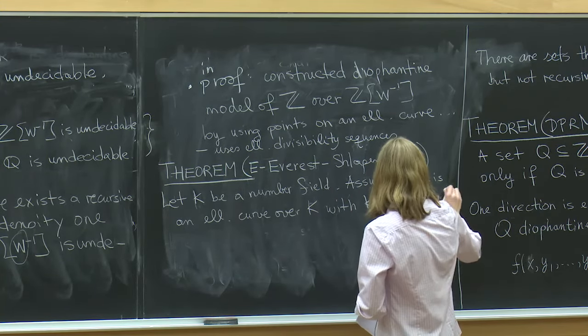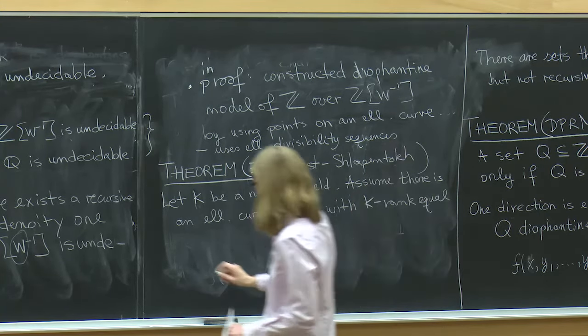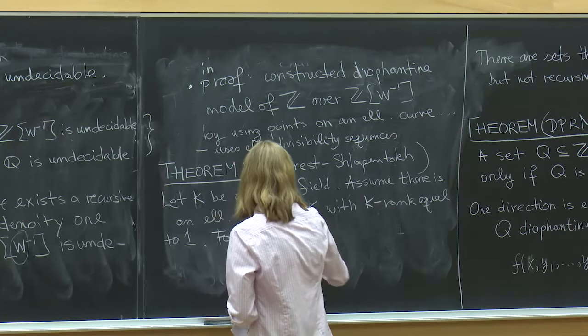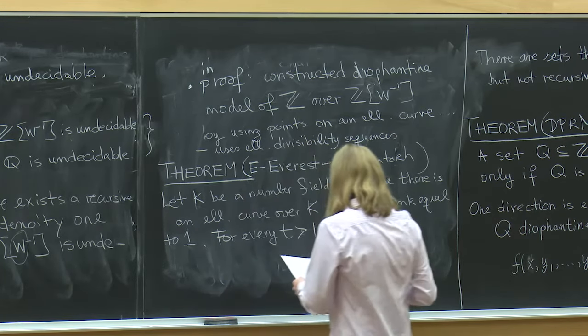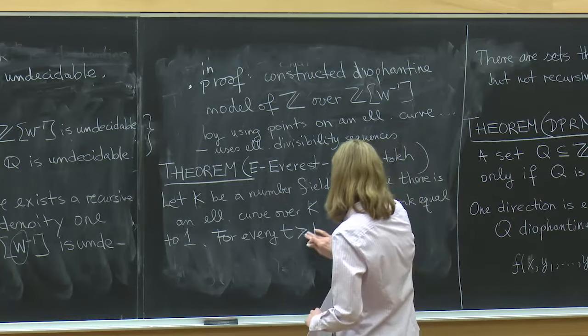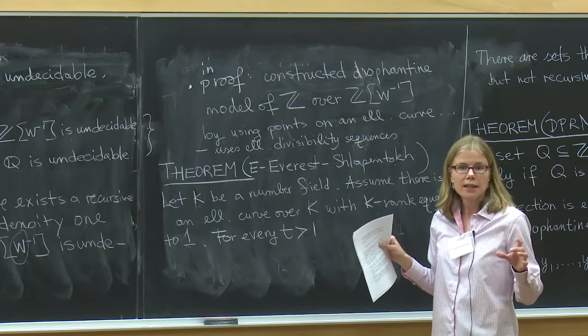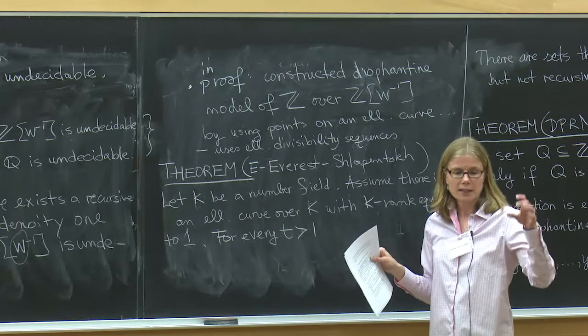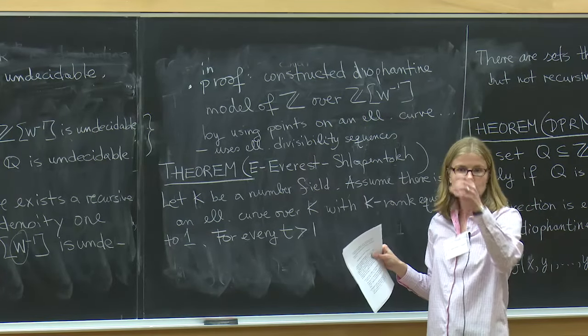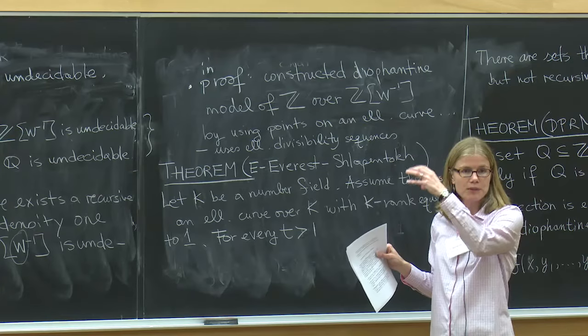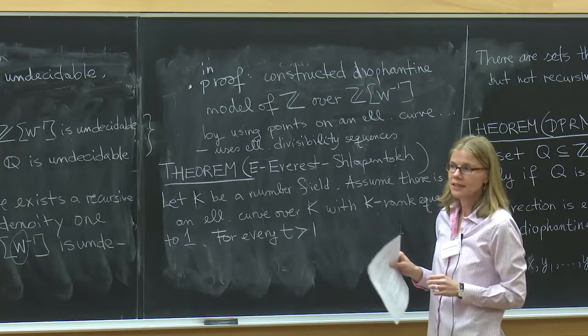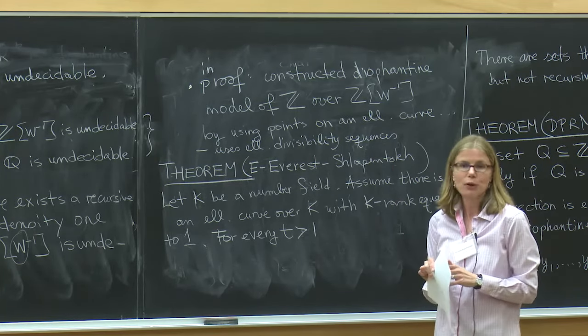Over Q, I know, of course, there are plenty of curves like that. And then what we can do is partition the primes into subsets of arbitrary densities, and for each we get a ring in which we invert the primes of that set. And we get that Hilbert's 10th problem is undecidable for all of those rings.